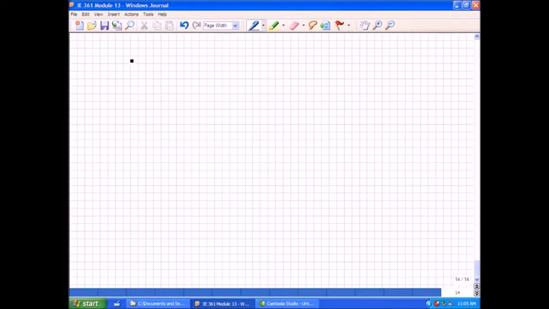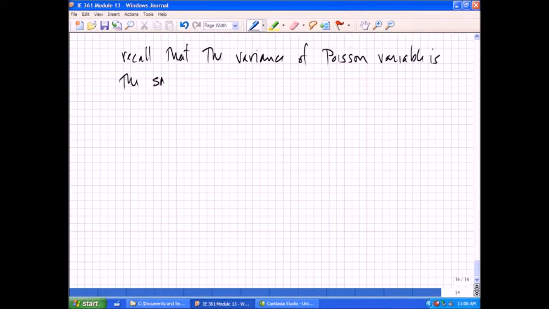One of the facts about the Poisson distributions that you certainly learned in Stat 231 is that the variance of a Poisson variable is the same as its mean.